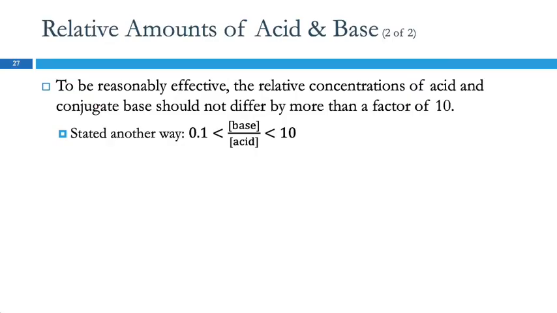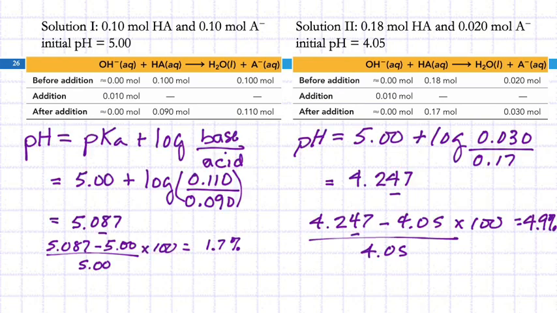Repeat that again? Yeah. Let's see. So this buffer had equal amounts of the acid and the conjugate base. This one had a lot of the acid and a little bit of the conjugate base.